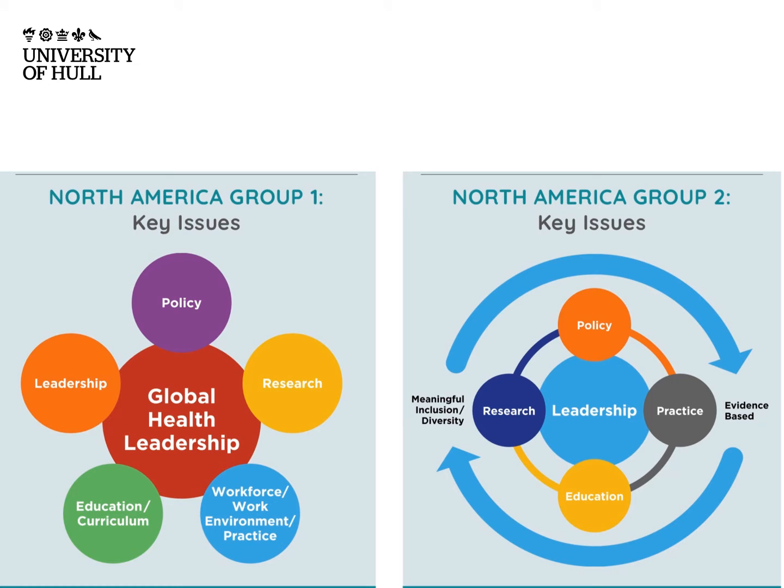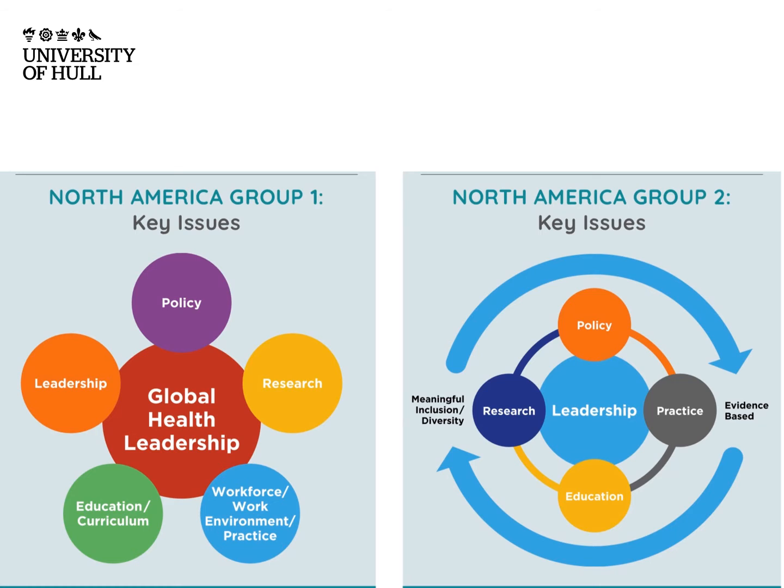And you can see that we present it slightly differently here. North American Group 1 and Group 2 simply split up on the basis of size, but leadership at the centre, global health leadership, but also leadership generally for Group 1, leadership right in the middle, research, policy, education.